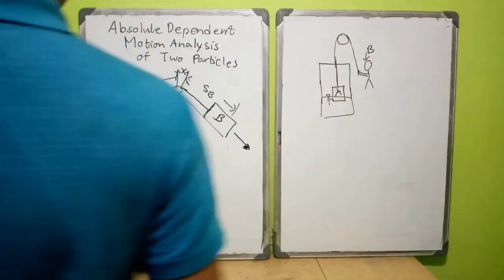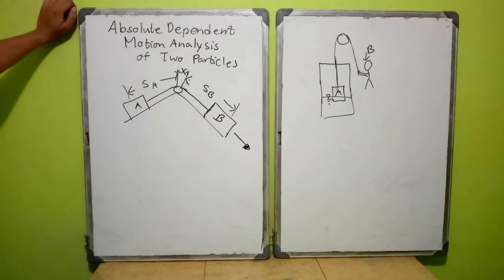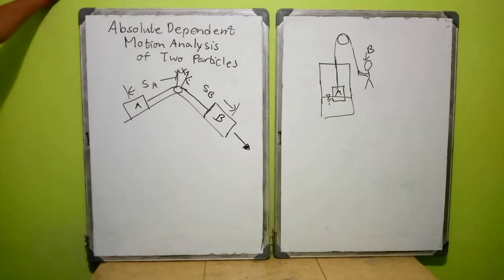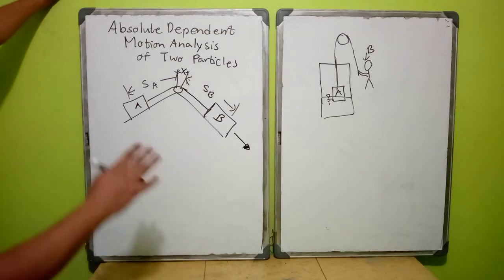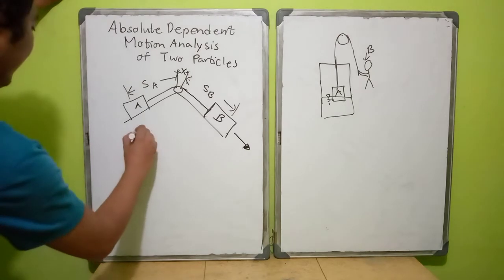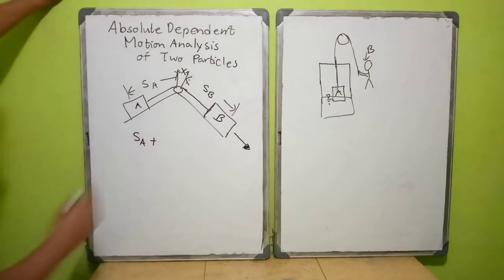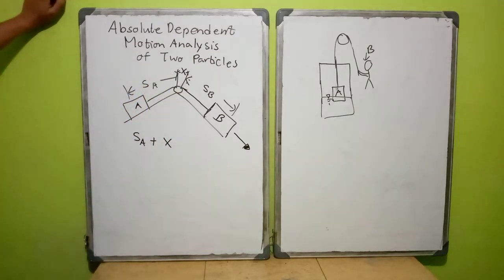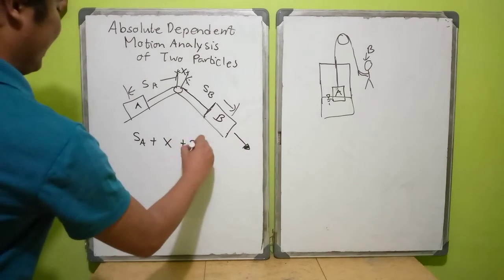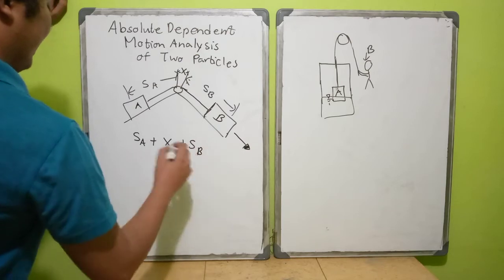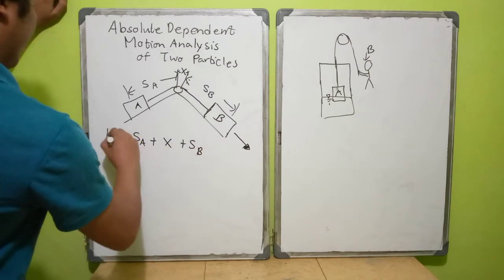So how do we explain this motion analysis? Here we could write up an equation using motion analysis. We have SA plus X plus SB, which is equivalent to your total length.